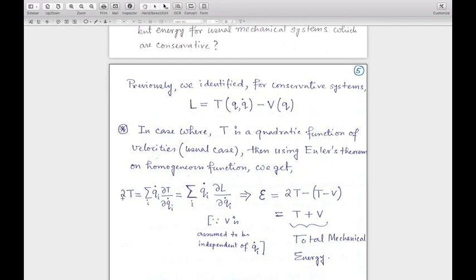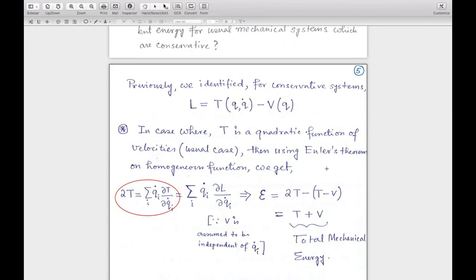We said that 2 is the degree of homogeneity here, because this is a quadratic function, so it is raised to the power 2. So using this formula we can simply say that when the kinetic energy T is a quadratic function of velocities, then ∂T/∂q_i-dot times q_i-dot, taking the summation over all the q_i-dots, will simply be given as 2 times T.